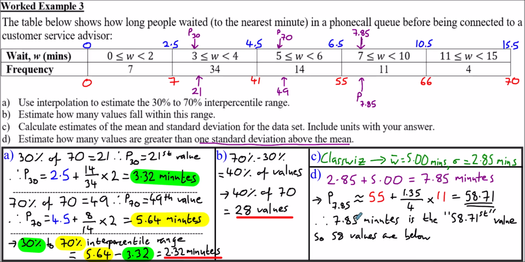They're below 7.85 minutes. Then just remember how many values there are in total. Okay, there's 70 values in total. So 58 are below, then the other 12 must be above. So that's the final answer. So 12 values are above. 12 values are greater, if you like.